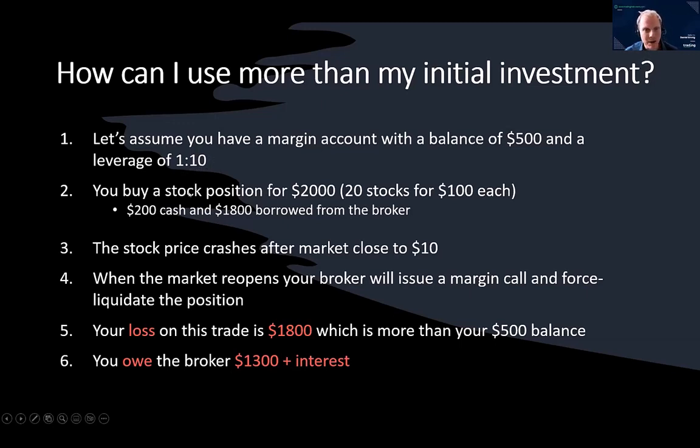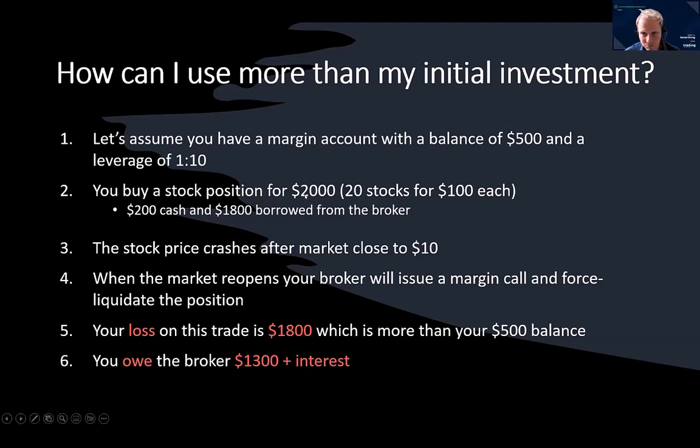Let's say your account balance is $500 and your leverage is 1 to 10. That means the broker will supplement your investment by a factor of 10. Now you only have $500, but let's say you want to buy a position for $2,000. Say 20 stocks worth $100 each.